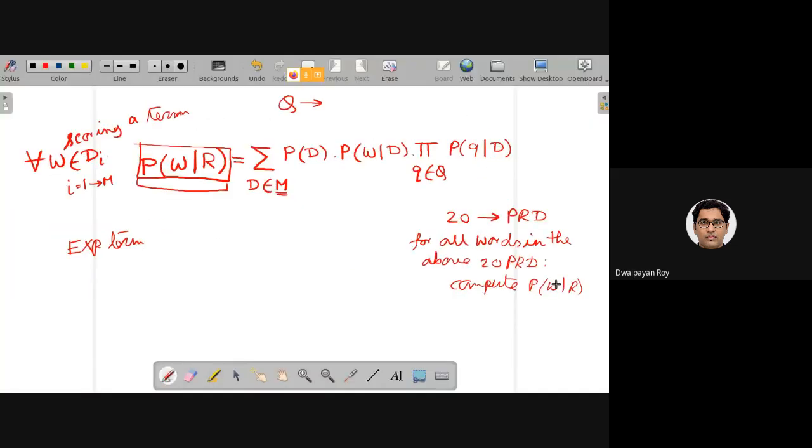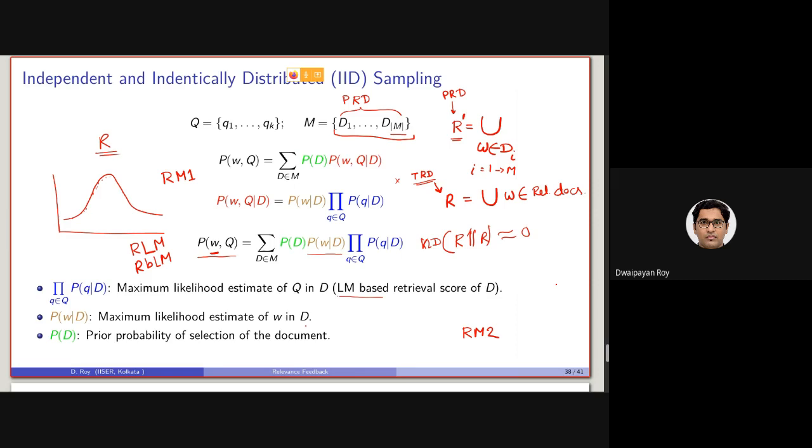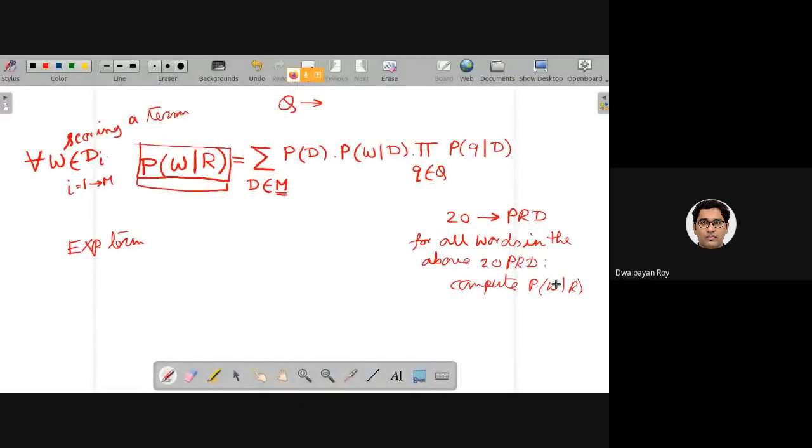There is one limitation of this model, which is that it is not actually providing any extra weight to the query terms. Remember that from R, some PRDs are generated, and also this Q is generated, and this is absolute evidence.